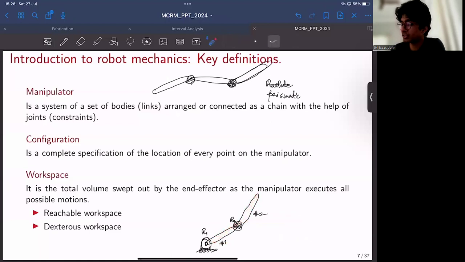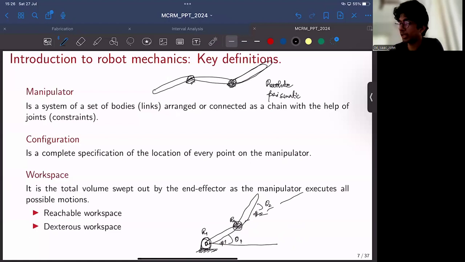Since the manipulator has two links, we can identify the configuration using two parameters. The one being theta 1, which is the angle link 1 makes with the horizontal, and theta 2 could be the angle link 2 makes with link 1. You can choose any two parameters however you want.